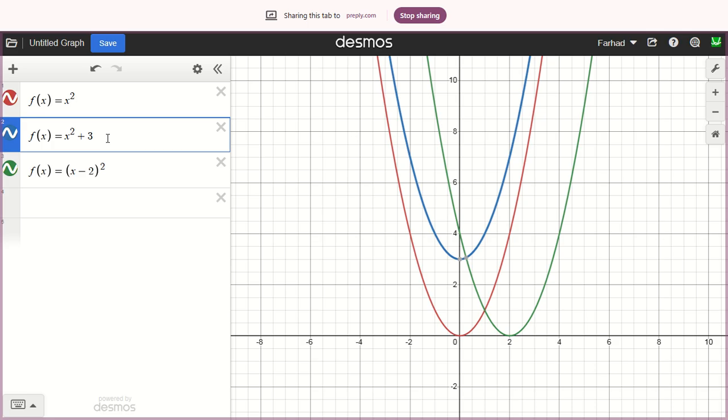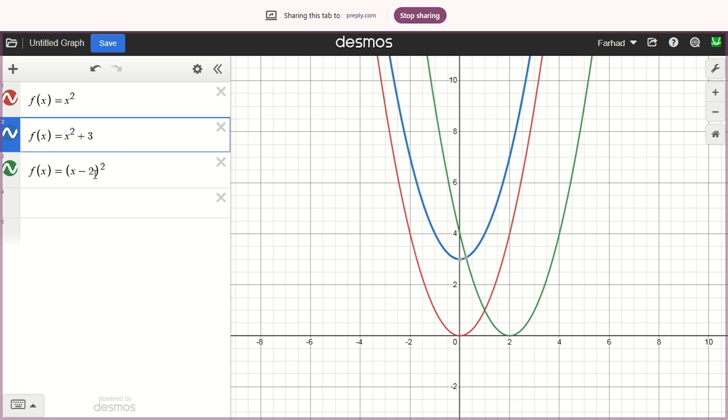Okay. But the direction for y is if you have added something, then the graph will move up. If you subtract some values from x square, then the graph will move down, right?